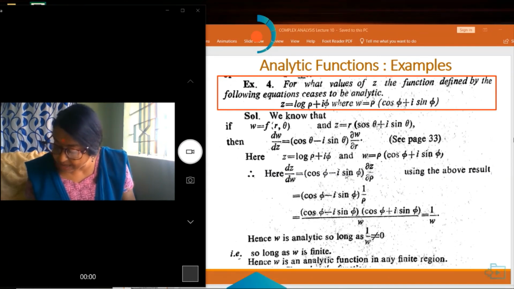That is, so long as w is finite. So hence w is an analytic function for any finite region. So example 4 is very important.